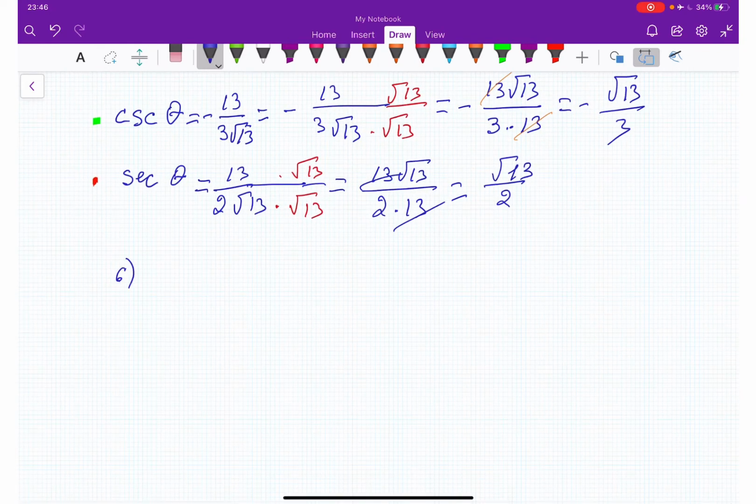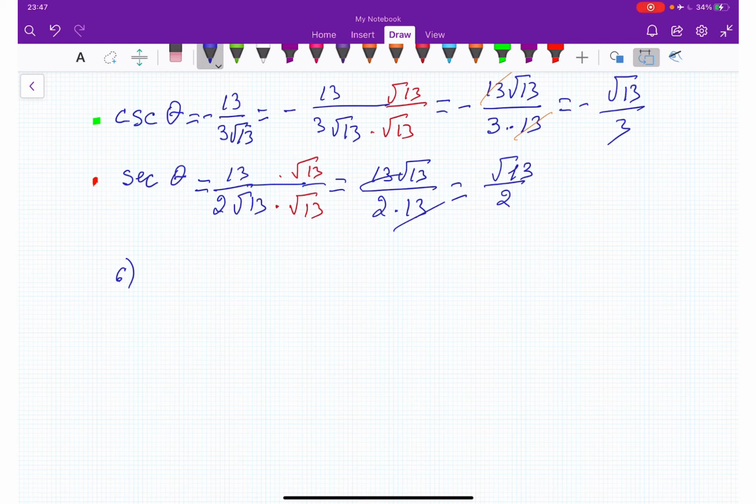Here we will start working on coterminal angles. So what is a coterminal angle? Coterminal angles are two angles that share the same terminal side.